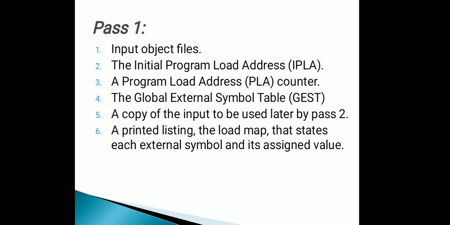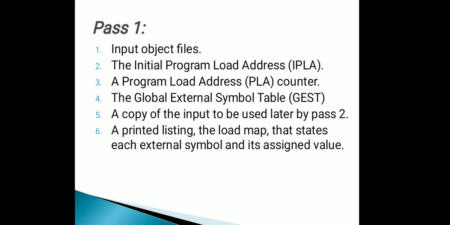What is pass 2? Pass 2 is the next step after pass 1. Next one is number 6, a printed listing, the load map that states each external symbol and its assigned value. Okay, that is the 6th point.